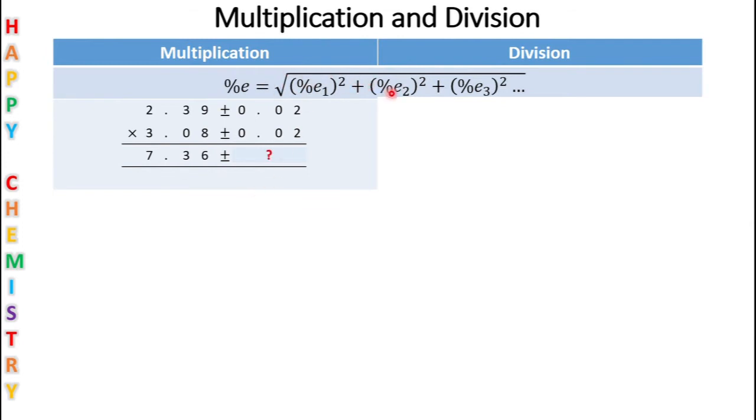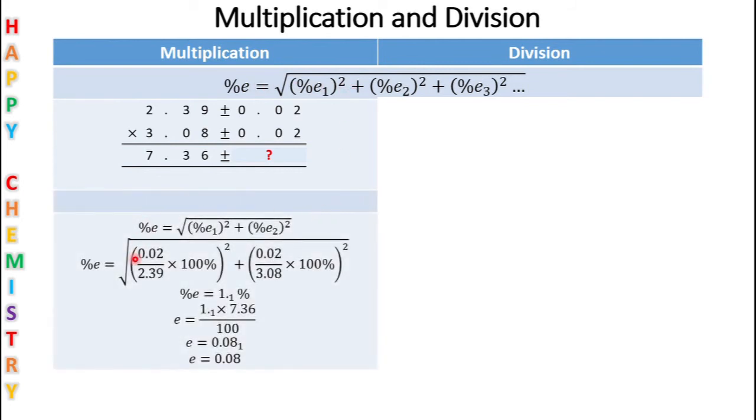Square of percentage uncertainty of 0.02 with respect to 2.39 is added to square of percentage uncertainty of 0.02 with respect to 3.08.